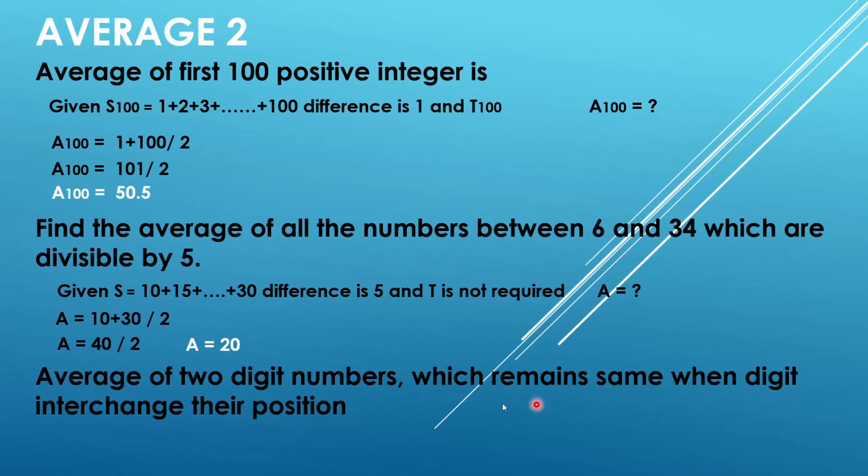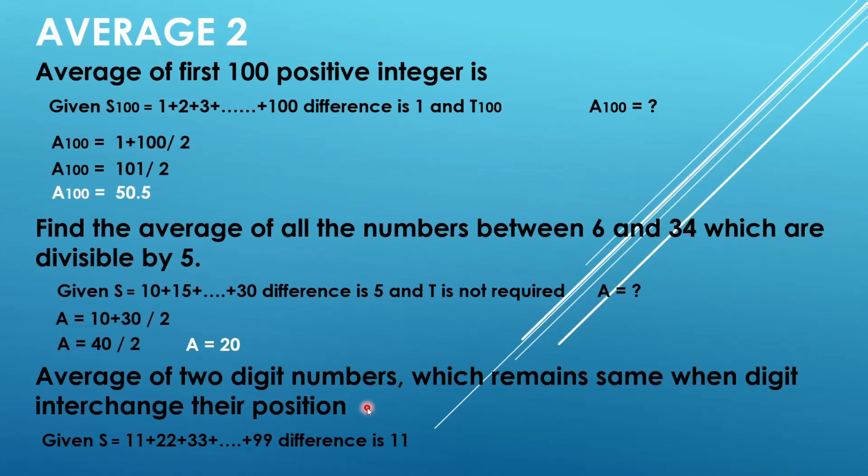So that's why we need to take the numbers 11, then we have 22, 33, right? Those, when we interchange, then also their value will not change. So what is given? 11, 22, 33, till 99, we have the two-digit numbers, right?